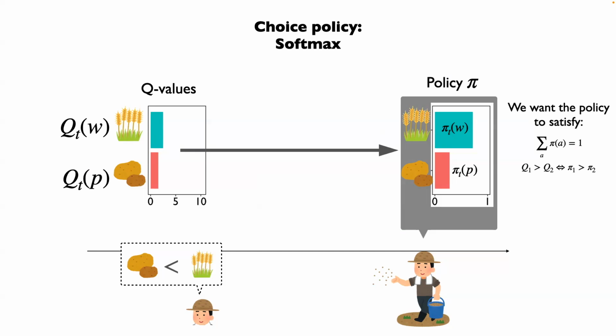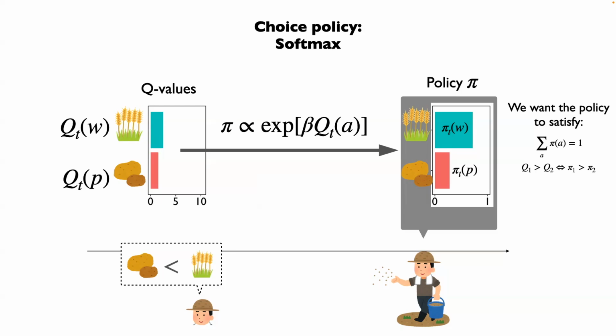The probability of choosing potato, and the probability of choosing wheat. That's the total decision probability. Because it's a probability distribution, we want the sum of all of them to equal 1. So we need some kind of transformation of the original Q value, which is not bounded, into a bounded probability between 0 and 1.